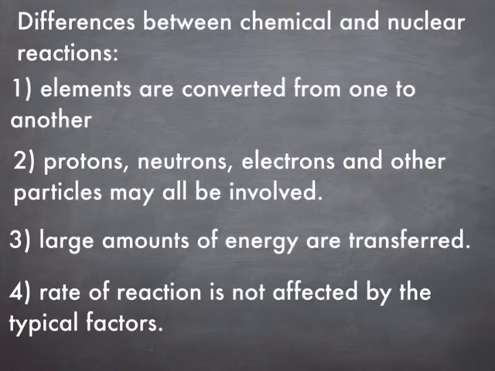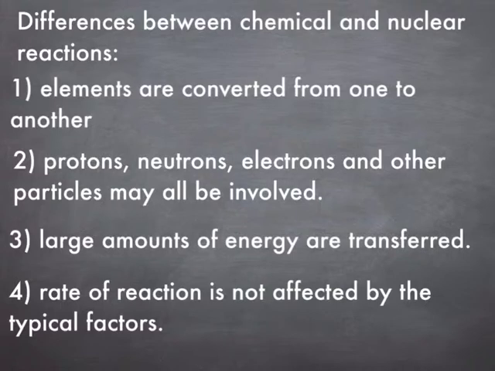But it's not. The second most important thing to note is that in chemical reactions, the only kind of transfer of particles we see are electrons. But in nuclear chemistry, it can be protons, neutrons, electrons, and other particles that I'll introduce you to here in a minute.